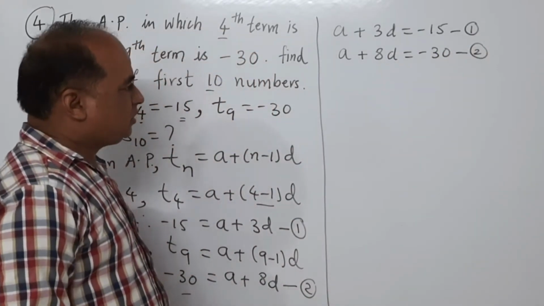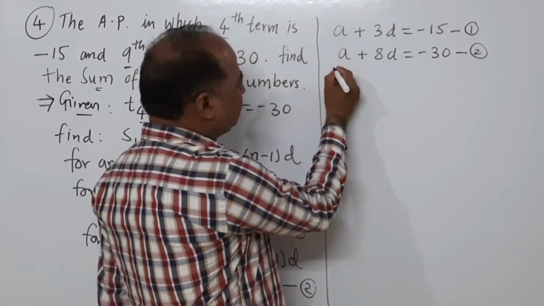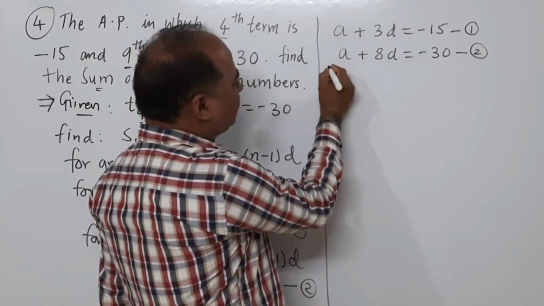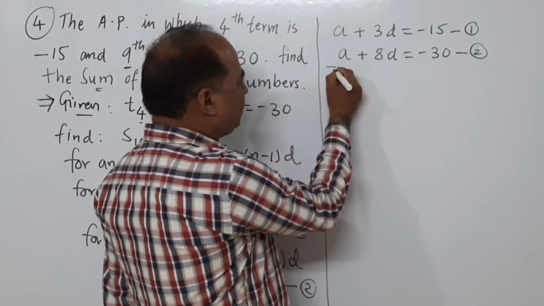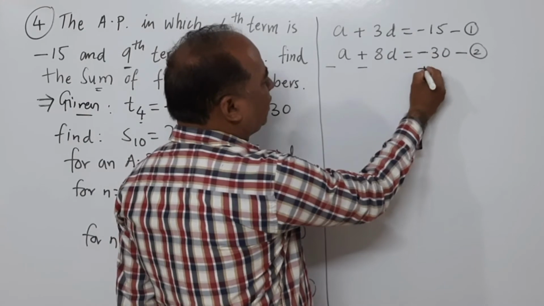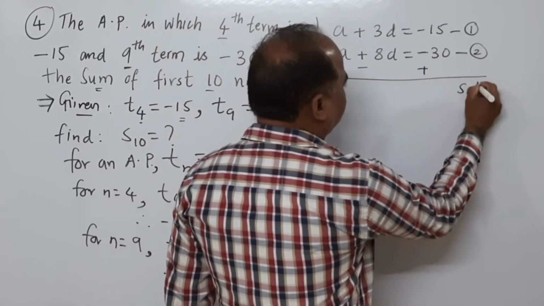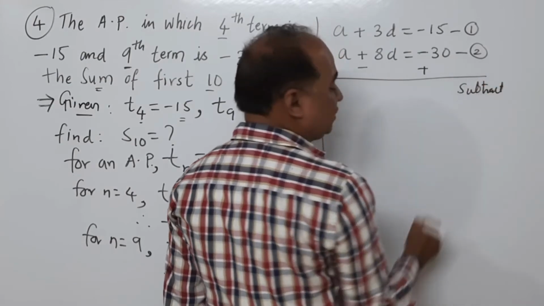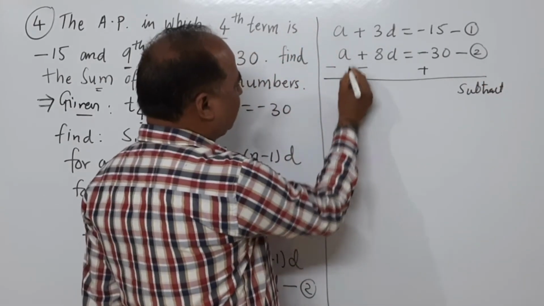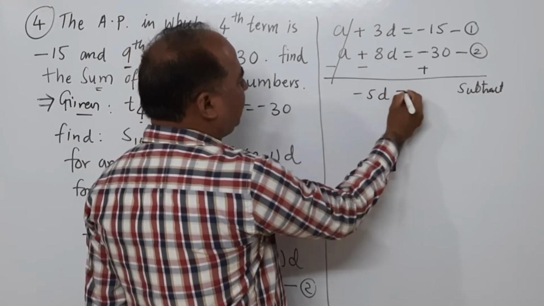Now we will solve these two equations simultaneously. Change the sign: we will subtract equation 2 from 1, so it will become minus A, minus 8D, and minus 30 will become plus 30. Subtracting the second equation from the first, A minus A gets cancelled. 3D minus 8D is equal to minus 5D.